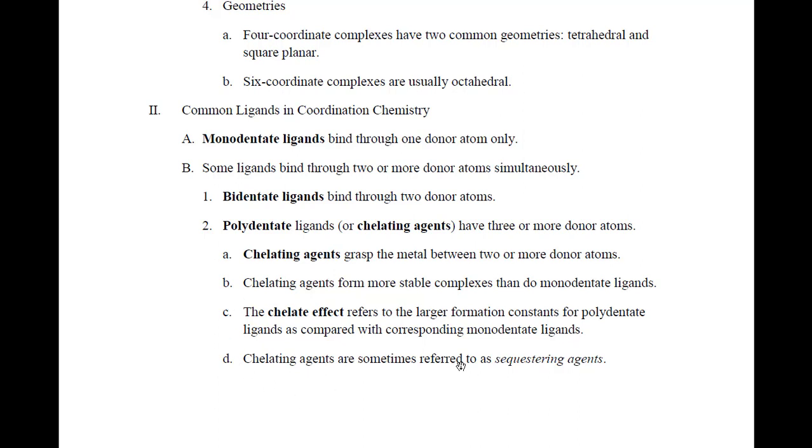Chelating agents are sometimes referred to as sequestering agents. The reason for this is that especially a certain chelating agent called ethylene diamine tetraacetic acid, or ethylene diamine tetraacetate, has a chelation of 6. It's polydentate, and it's going to donate 6 pairs of electrons.